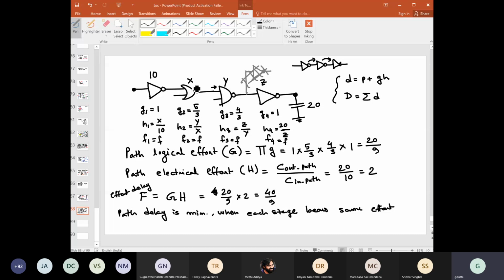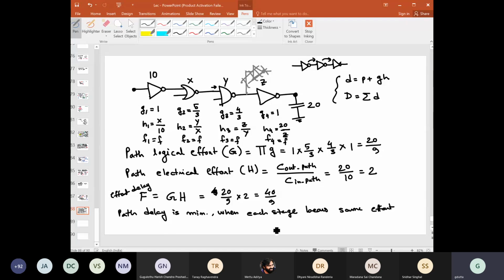Then for the next, the effort of this gate will be equal to the effort of this gate. So ultimately the effort of this will be equal to this, equal to this, equal to this. Same thing we have done for the inverter chain.